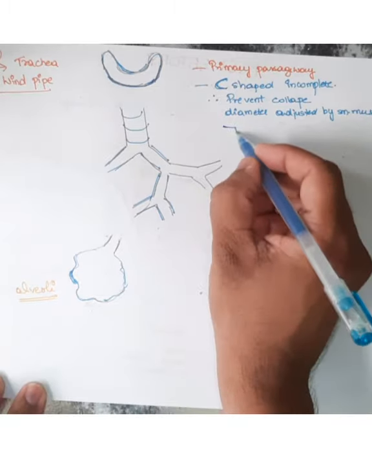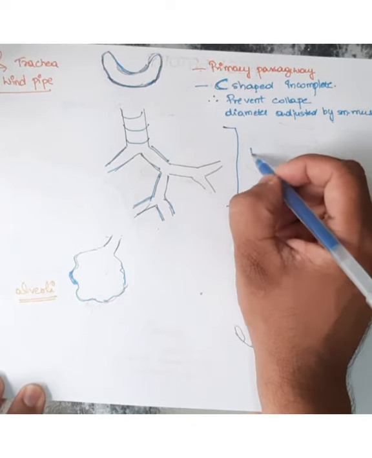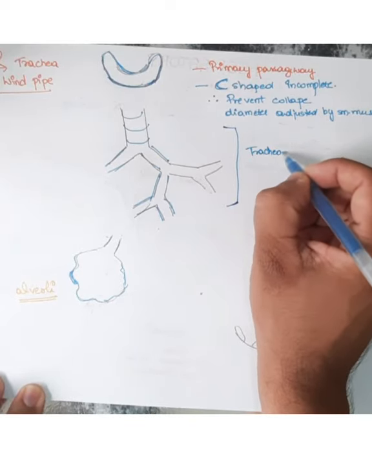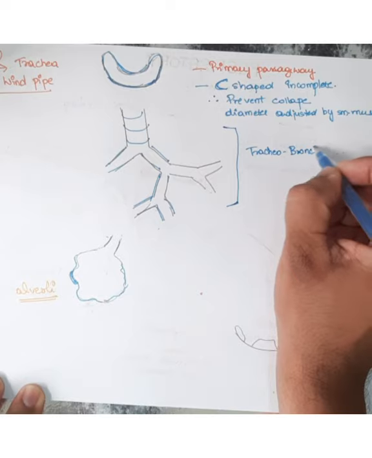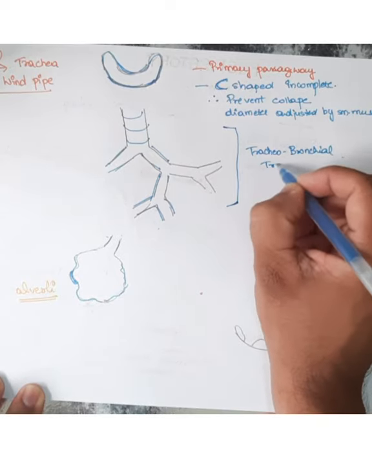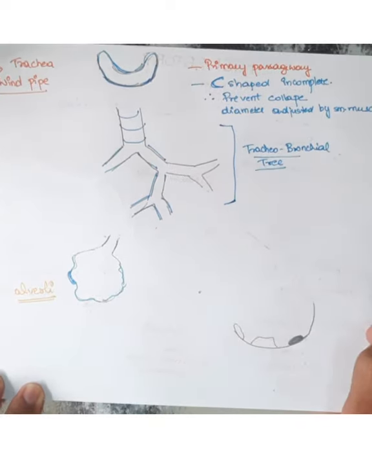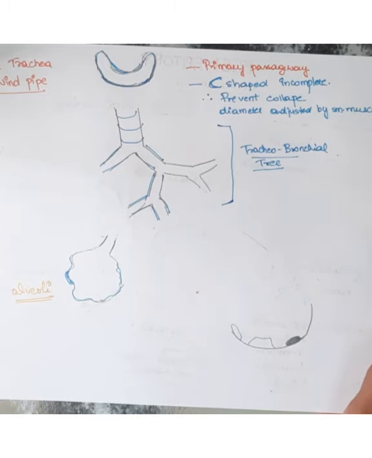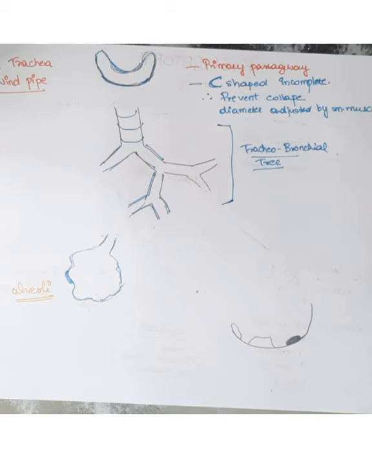This whole structure is referred to as the tracheobronchial tree. That is, the branches of the trachea into the bronchi, then into the bronchioles.